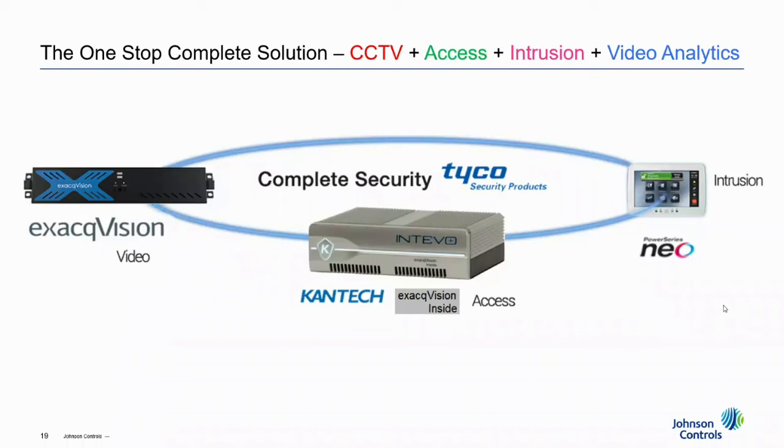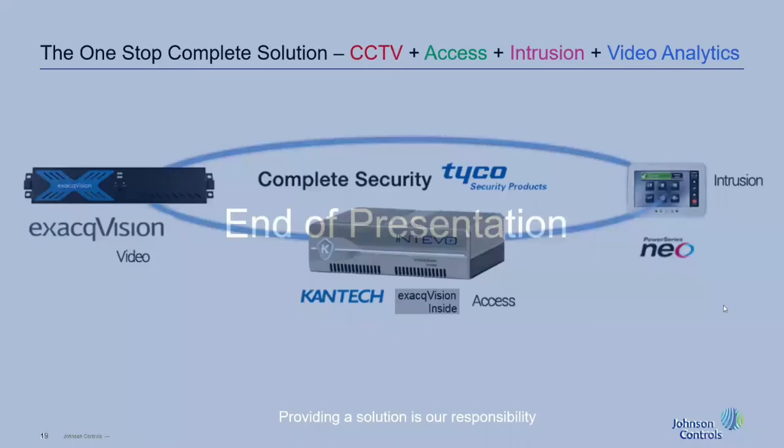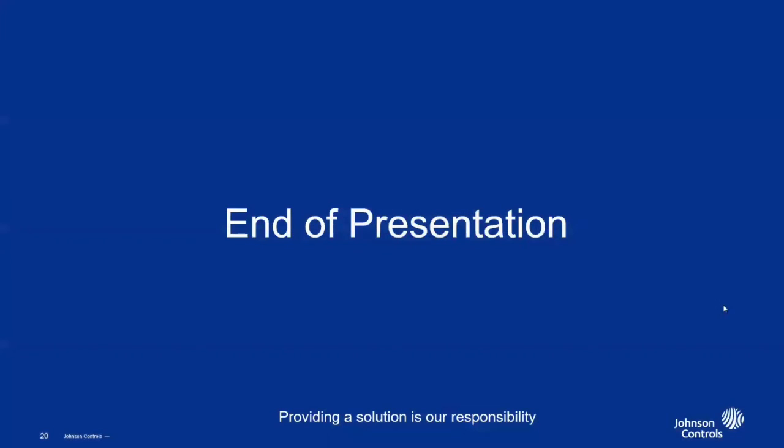So we have a one-stop complete solution, which is our KANTECH Intivo hardware, whereby when you purchase this box, it has ExactVision inside. What you need to do is just add the necessary camera license, and this box itself is able to fulfill the role of access control as well as CCTV. And that's the end of my presentation.